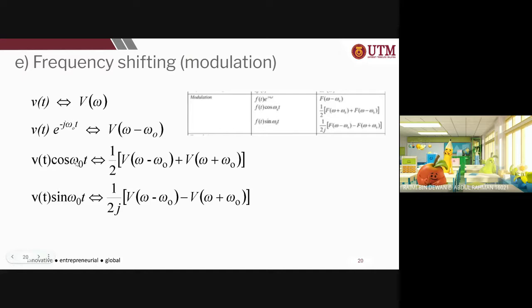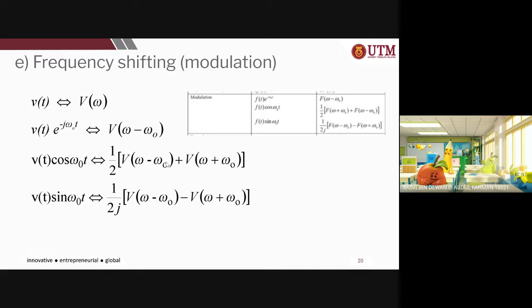You don't need to know too much about this. Later you will study it in principles of communication, after this subject, maybe next semester. So when you have cos omega naught, you will have half of the spectrum shifted by omega minus omega naught and omega plus omega naught.